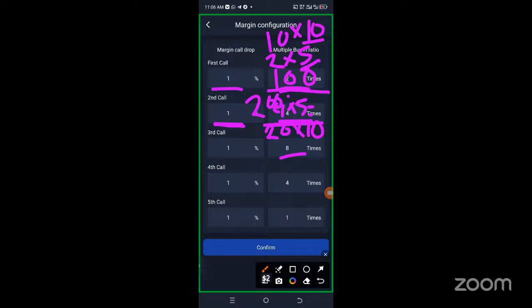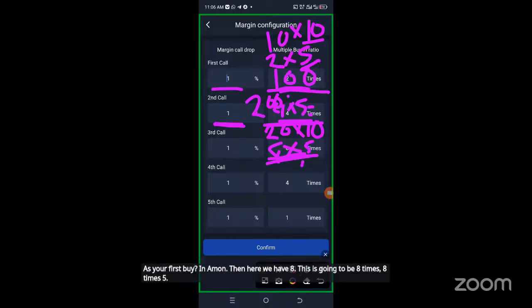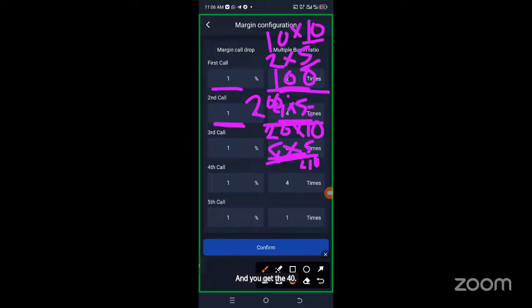But on $200, you will only have $20 as your first buying amount. Then here we have 8 times 5, and you get 40, which is 40 times 10, and here it will put in $400.